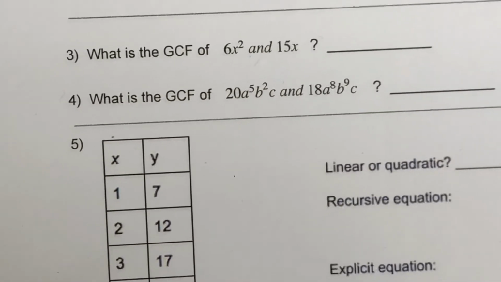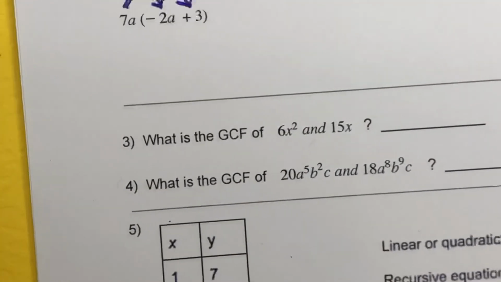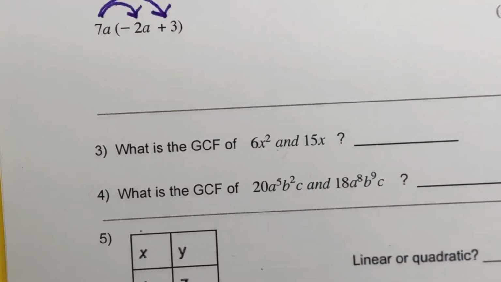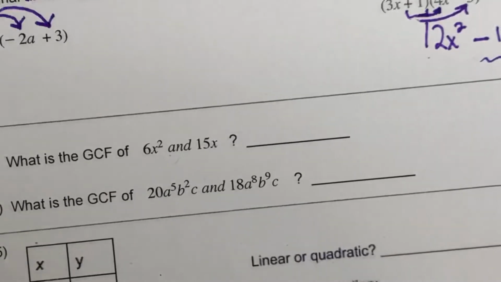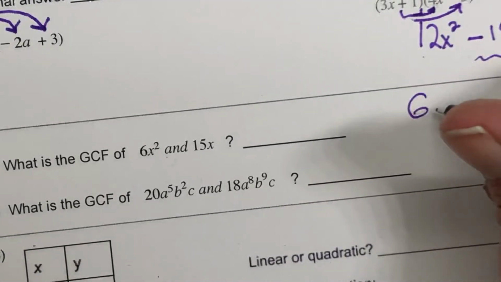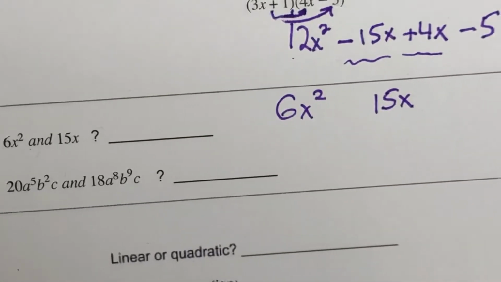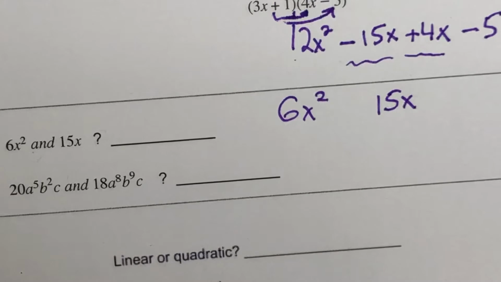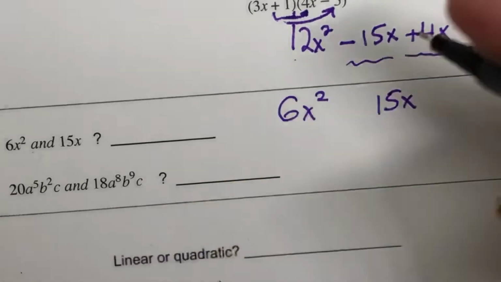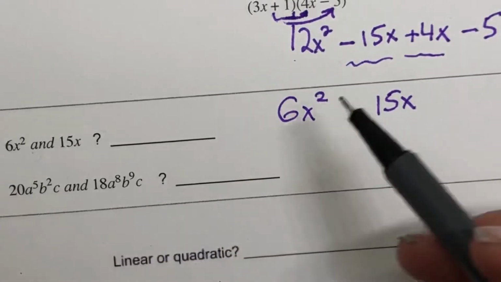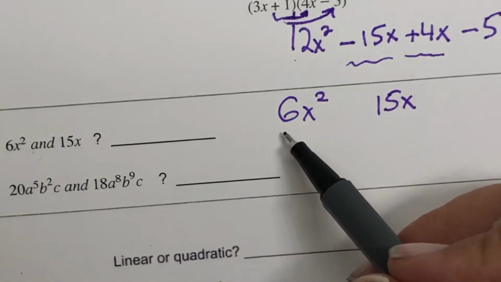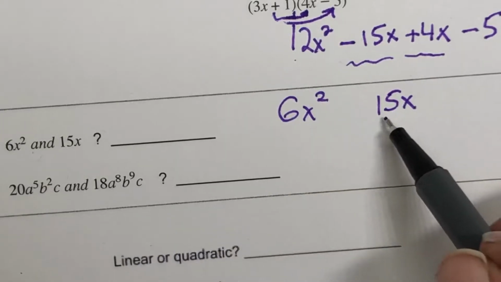Then the next one was the greatest common factor of 6x squared and 15x. So if you're looking at 6x squared and 15x, what's the most they have in common? What are the greatest things that are part of both of their factorizations? So 6 is 3 times 2, and 15 is 3 times 5.